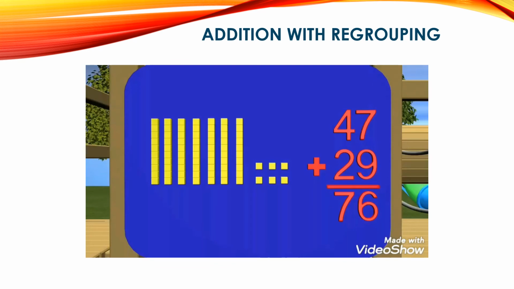Then count 4 plus 2, 6. 6 plus 1, you will get the answer 7. Understood now? 7 plus 9 is 16, 6 carry 1, 4 plus 2 is 6, 6 plus 1 is 7. This is addition with regrouping. Now let's see the second example.